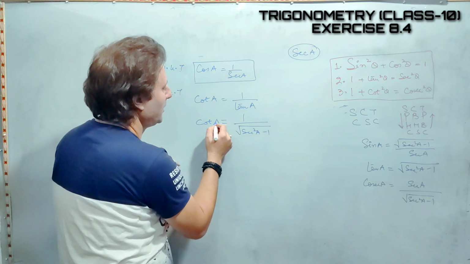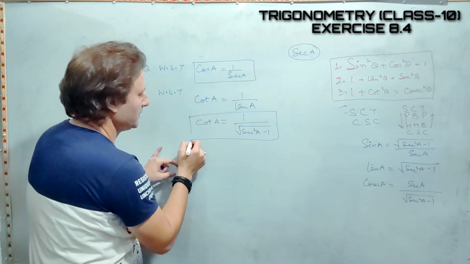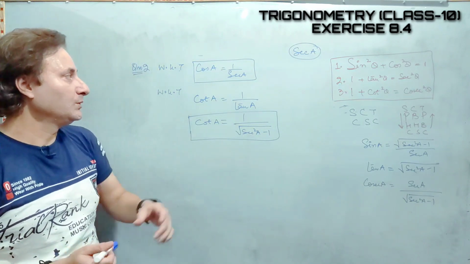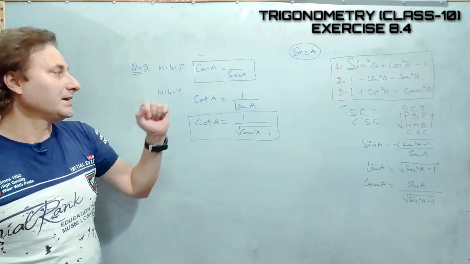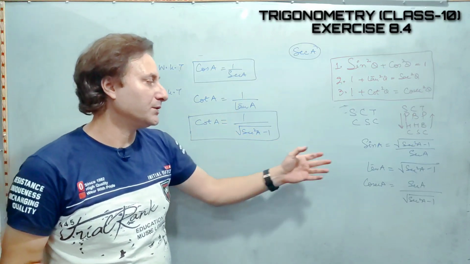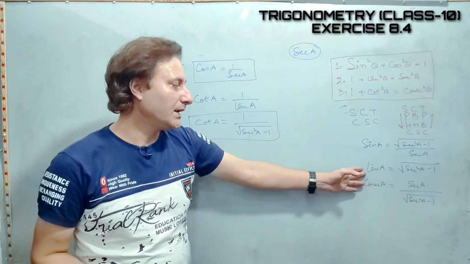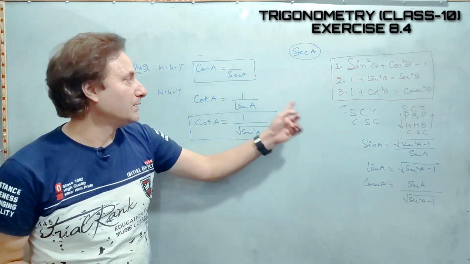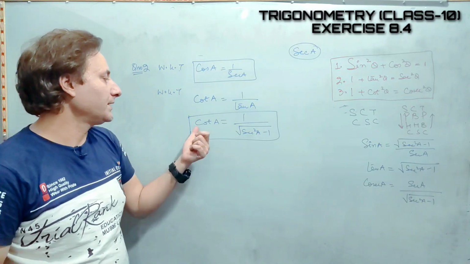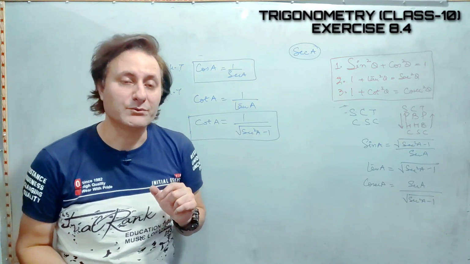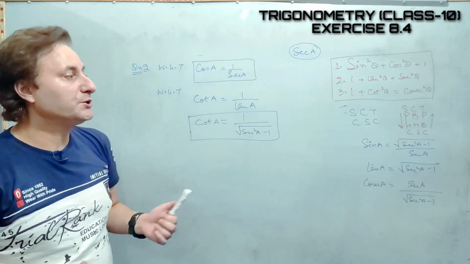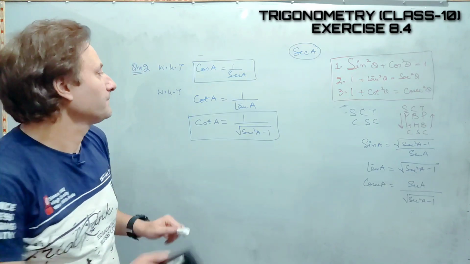We don't have to do any more things here because we straight away got the value of cot A as well. So cos A is 1 upon sec A, then cot A is 1 upon under root sec square A minus 1. We have got the values of sine, cos, tan, cosec, sec is already there, and cot. So we have got all the values. Right, guys? So this finishes question number 2. Please pause the video and make a note of it.